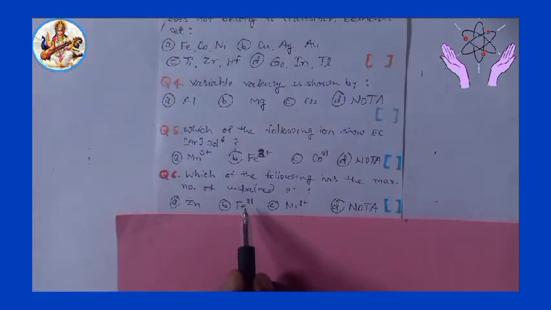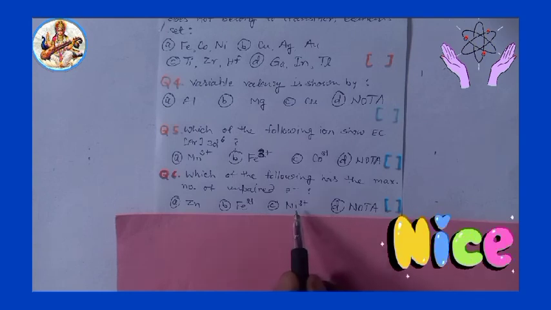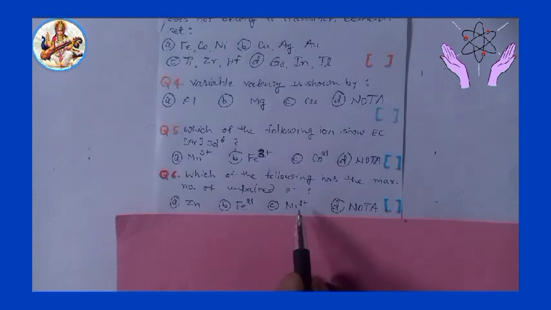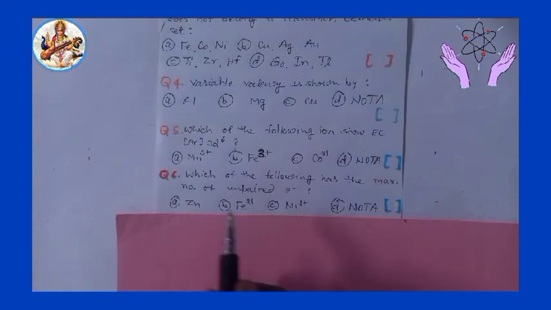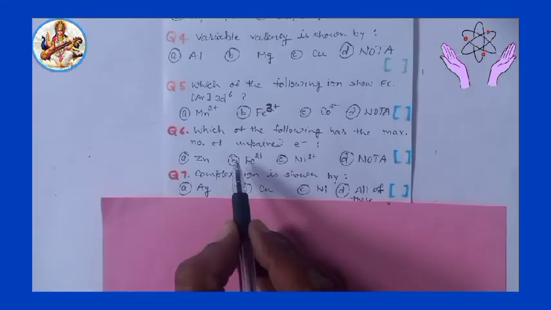The electronic configuration of Fe2+ ion is 3d6 4s0, so the number of unpaired electrons in d6 configuration is 4. The electronic configuration of nickel 3+ ion is 3d7 4s0; in d7 configuration, the number of unpaired electrons is 3. So the answer will be option B, Fe2+.